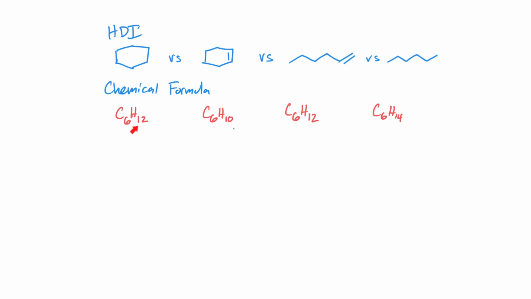If we compare the cyclohexane to the cyclohexene, you'll see that we lost 2 hydrogens in order to put on that double bond. That's essentially what this technique is going to allow us to calculate or take into account. Here we lose 2 hydrogens. That accounts for the double bond. Let's compare cyclohexane to hexane, and you'll see again we lost 2 hydrogens.